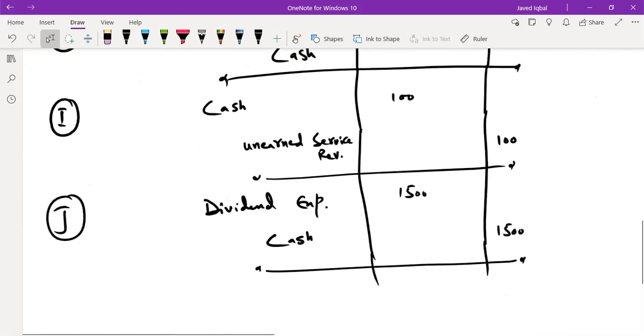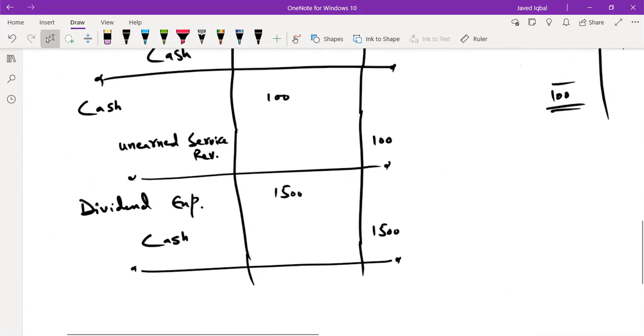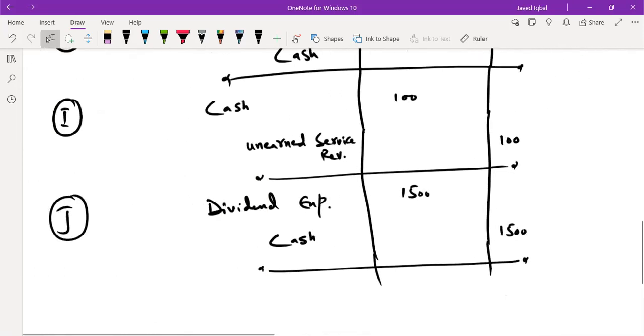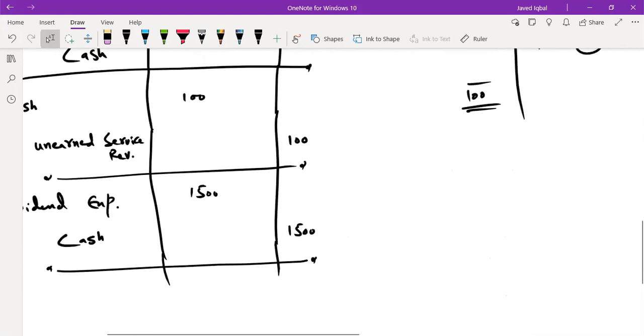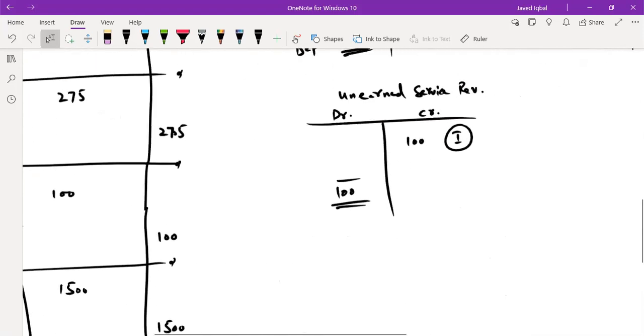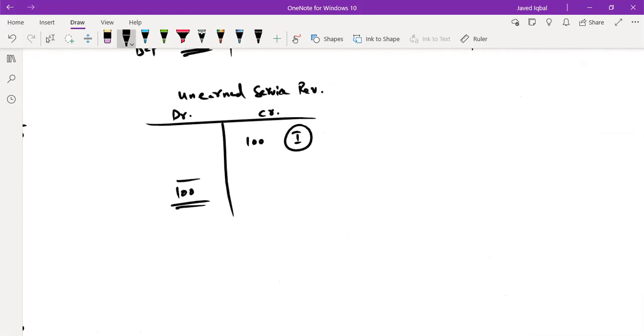Now you have just one transaction remaining, which is of dividend expense, and it is transaction J. Dividend expense, which is debit expense, so it should be on the debit side.